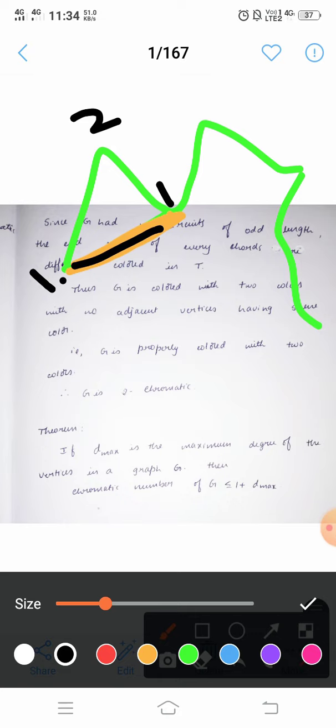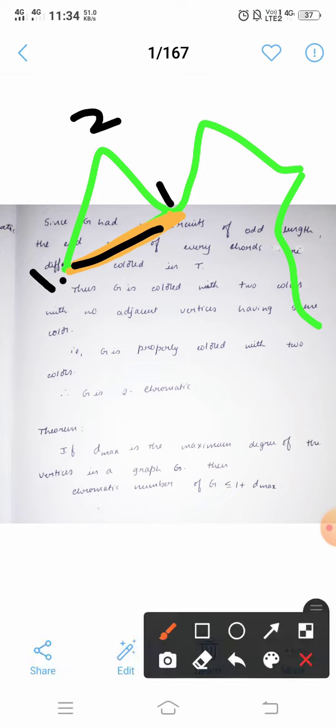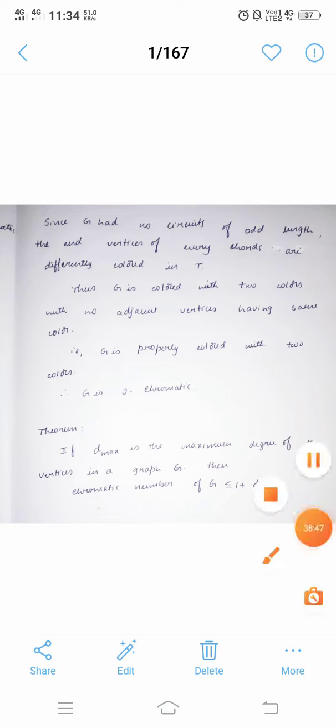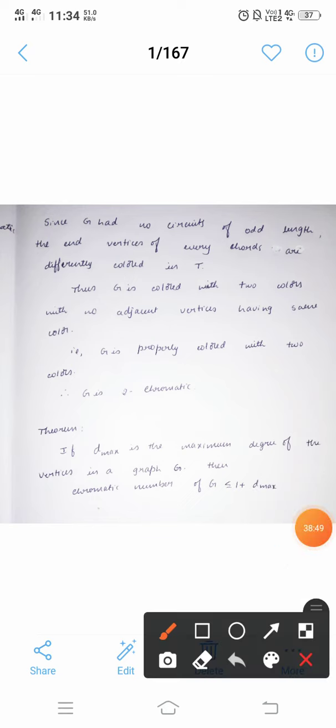This happens only if the chord is of an odd length circuit. But here there is no odd length circuit. All the circuits are of even length. So the end vertices of every chord have different colors in that spanning tree T.